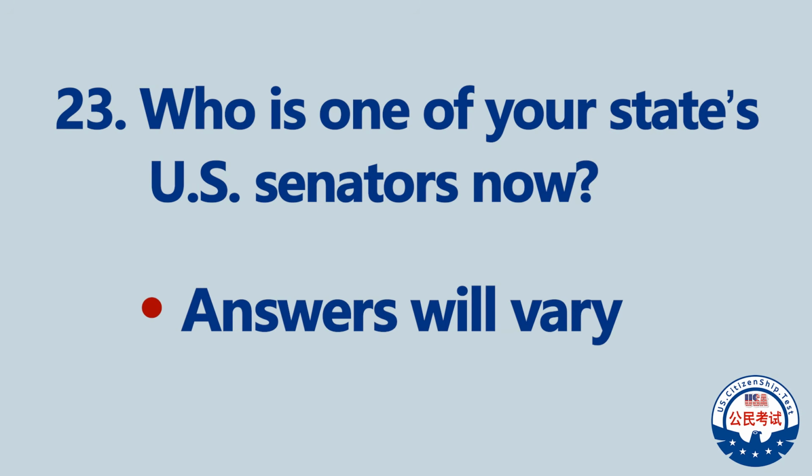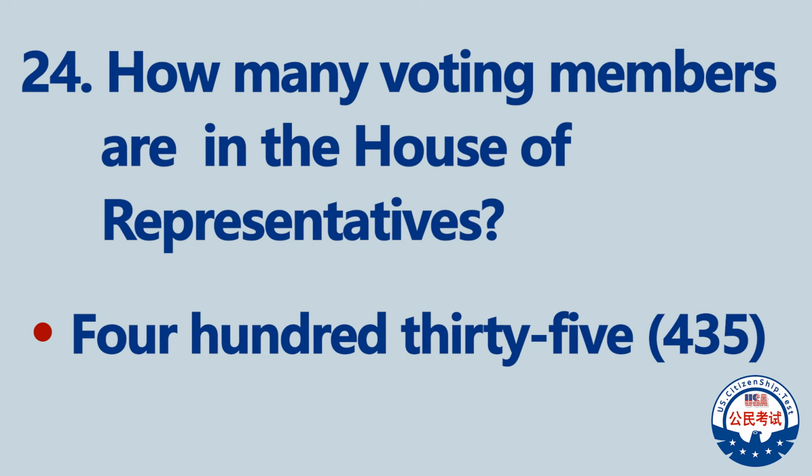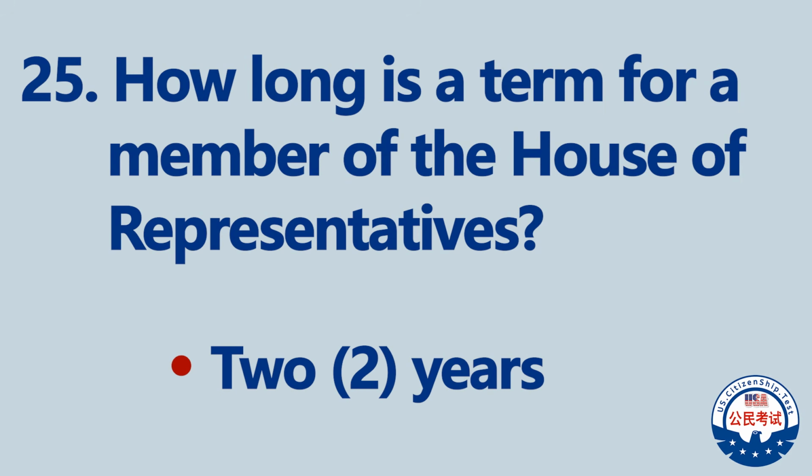Who is one of your state's U.S. senators now? Answers will vary. How many voting members are in the House of Representatives? 435. How long is a term for a member of the House of Representatives? 2 years.